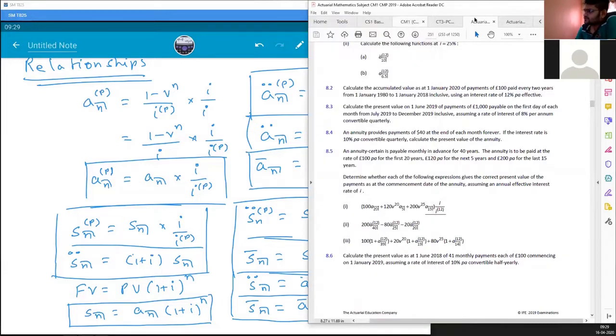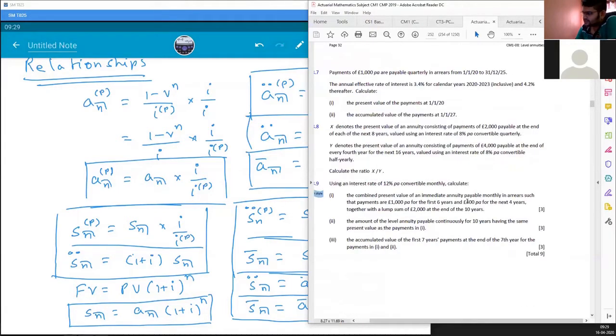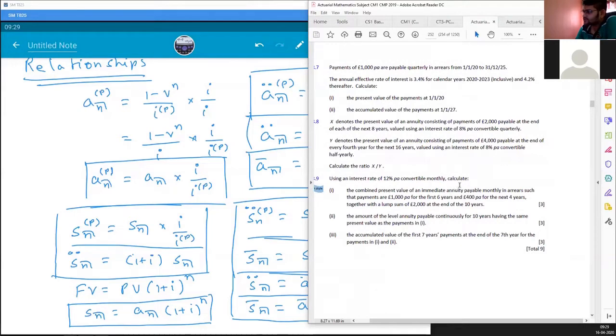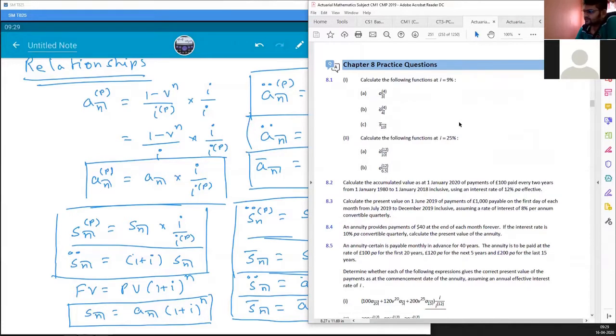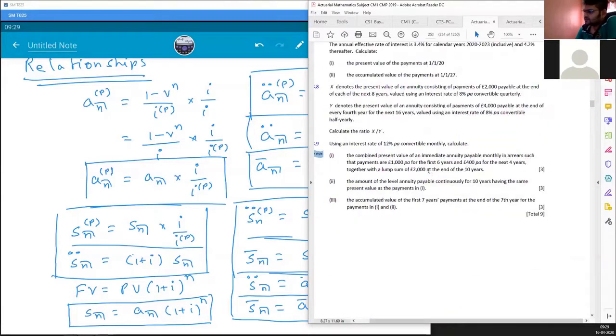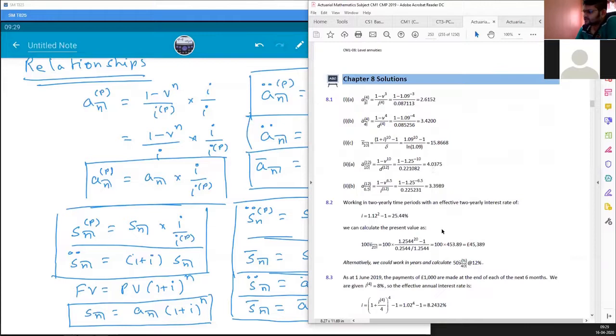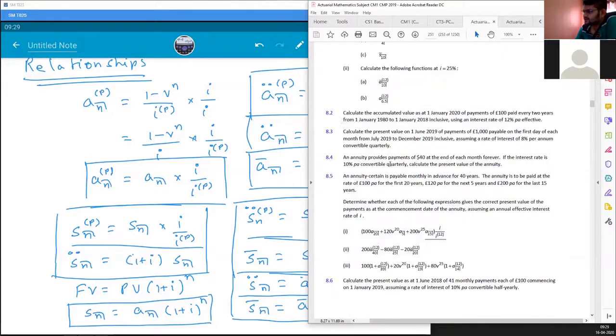You can solve all of the sums from your assignment and this book. 8.6 ये 8 chapter के जो questions है, practice question, page number 253 of the PDF. Solve all of these 9 questions. इसमें से we just solved a few.